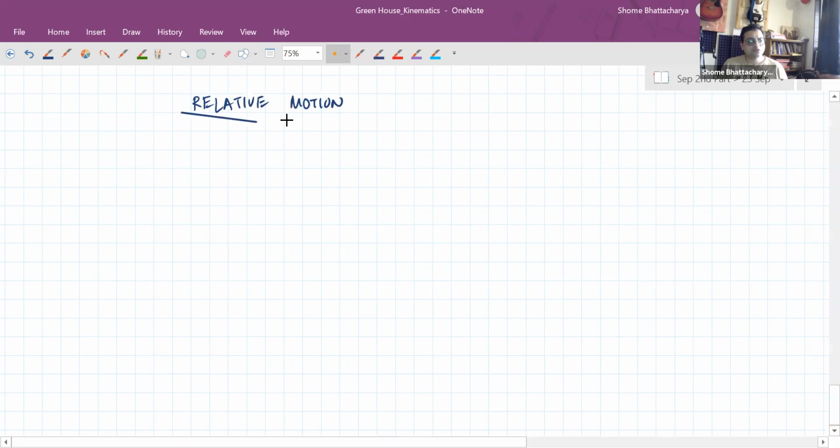So the idea of relative motion is that we should be able to write equations of motion for one moving object or moving particle in a reference frame which is itself moving with respect to ground.